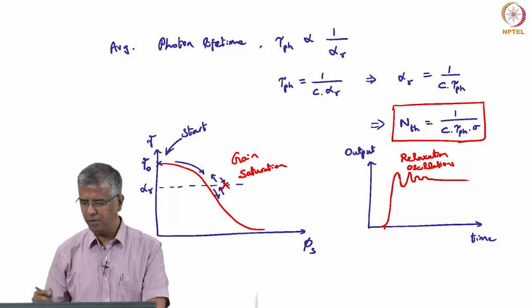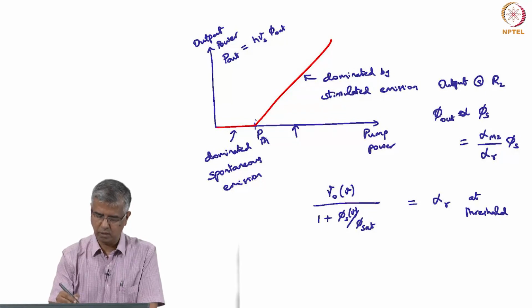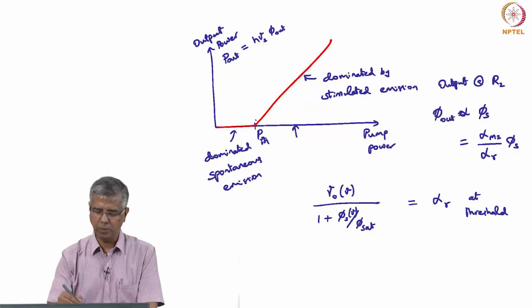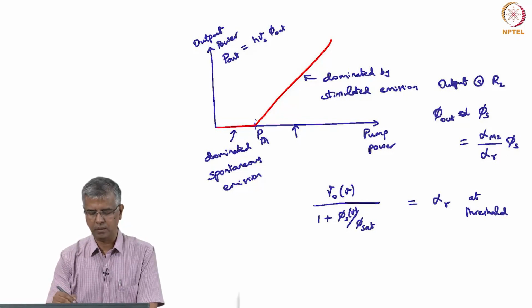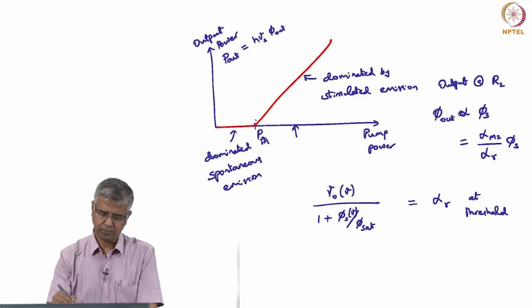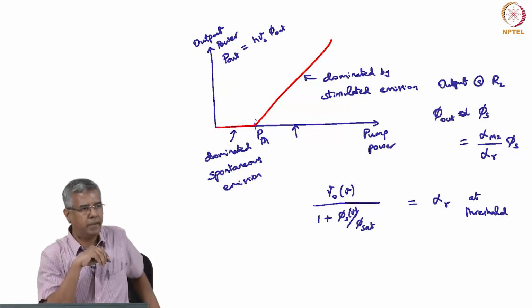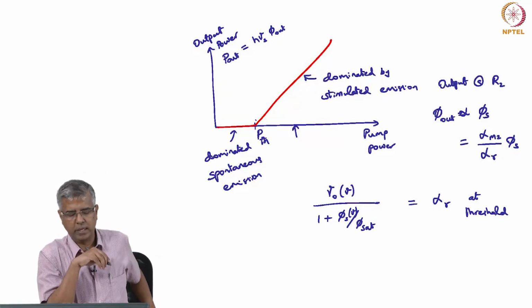Then we went on to look at this picture in a little more detail with respect to the pump power. If you are looking at the output power or the output flux, the output power depends on the output flux as follows: you have the energy of the signal photon that you are getting out, multiplied by the rate at which the photons are escaping.